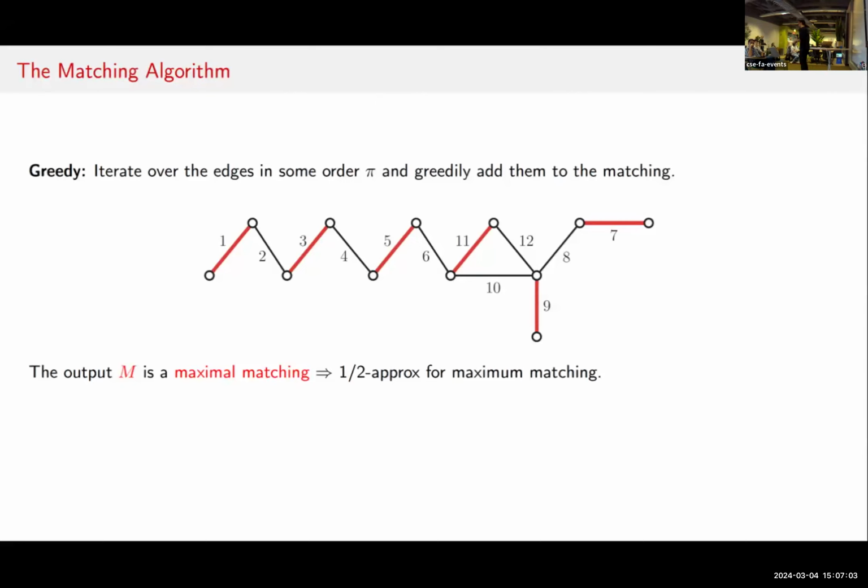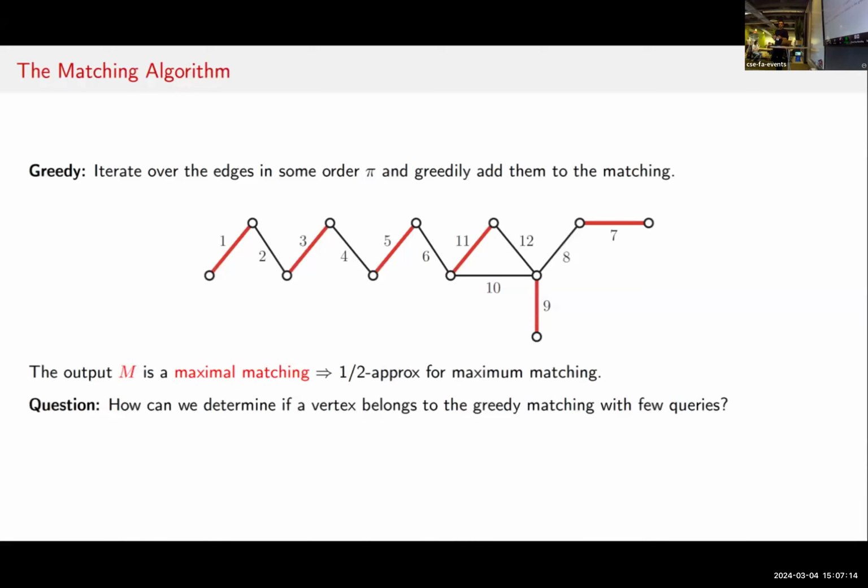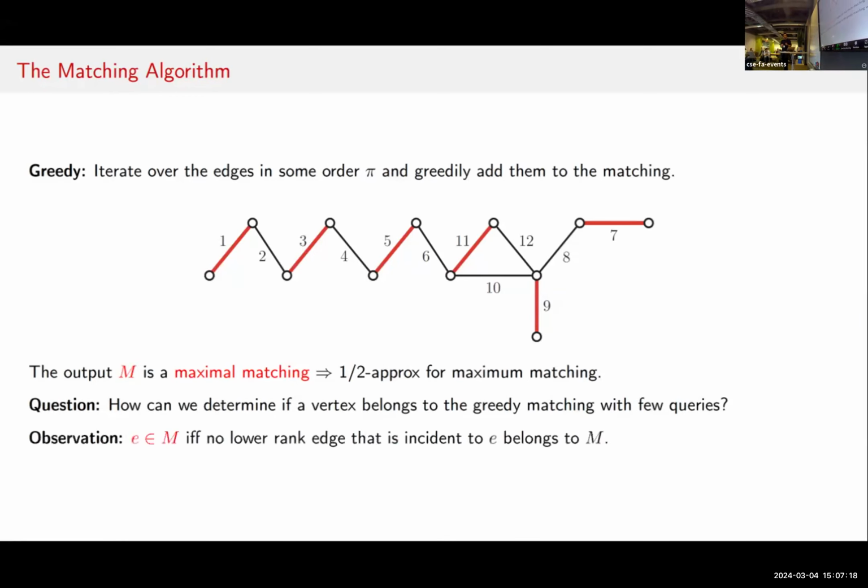So to provide this half approximation, now it suffices to specify how the oracle works and what the complexity of verifying whether a vertex is part of the matching is. And the key observation is that an edge e is part of this matching M if and only if there's no other incident edge with a lower rank that's part of the matching.